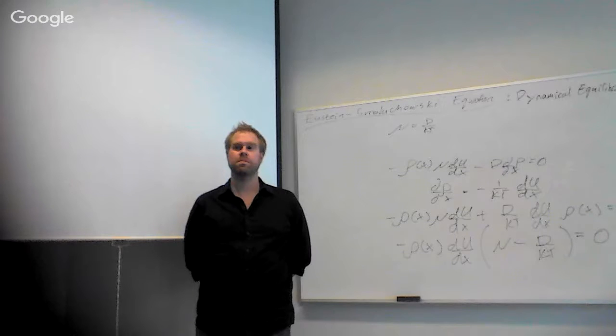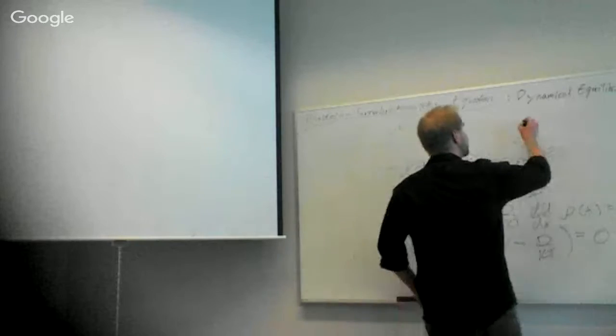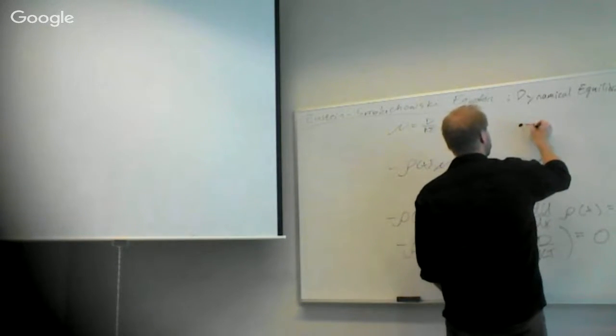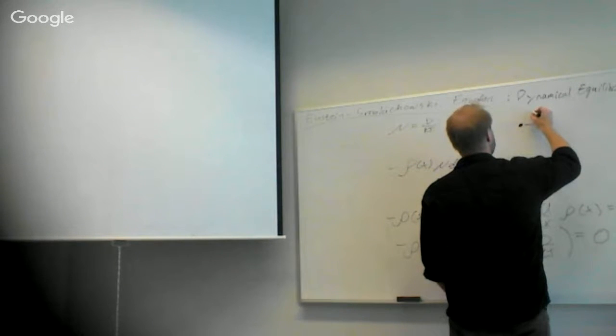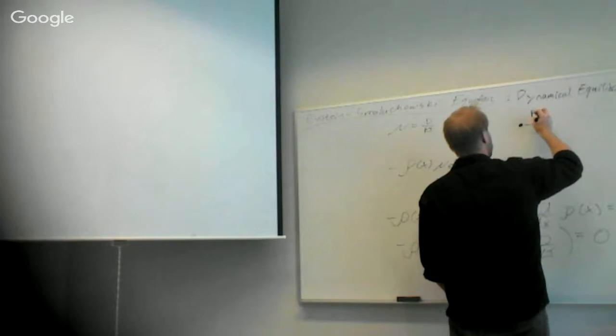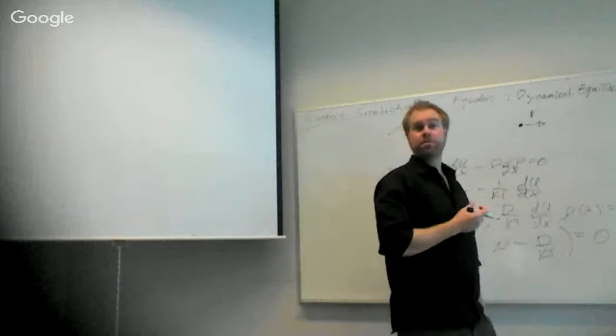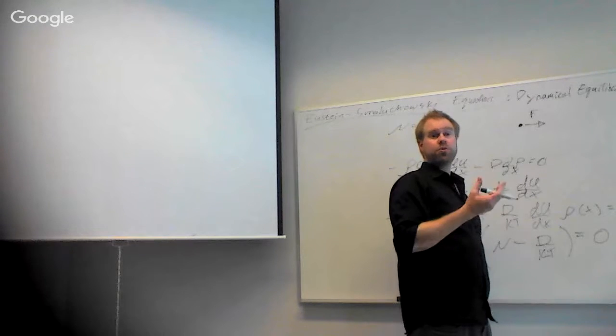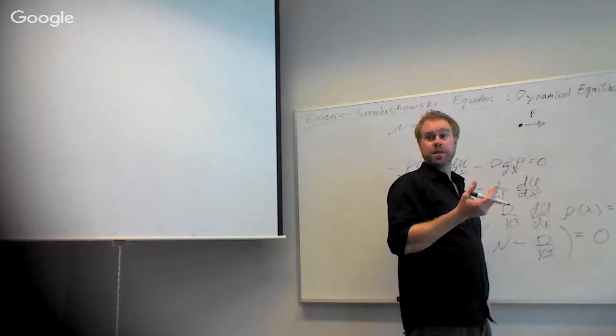Okay. So where did we derive this from? We derived this by saying, okay, we have a particle, and it has some thermal energy. We're going to drive it with some force F through a medium. Cool? It's going through a medium, so we know it's going to reach a terminal velocity.